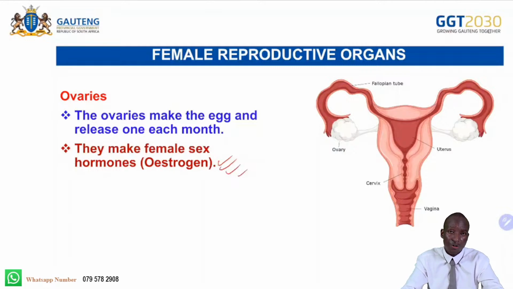This is the hormone which makes sure that all the stages of puberty are reached. It is the one which develops all those changes in the female body. So the ovaries make egg cells, and they also make the sex hormones.